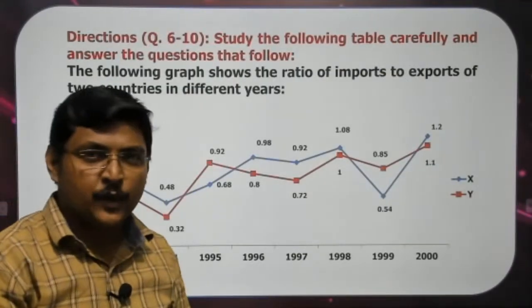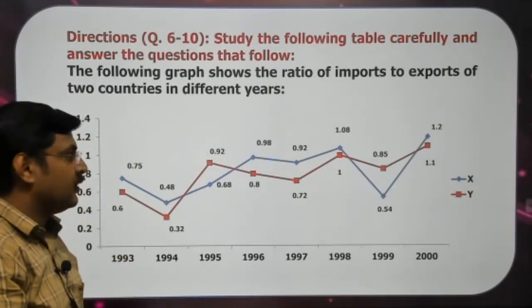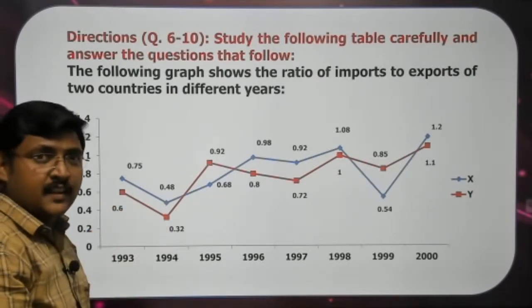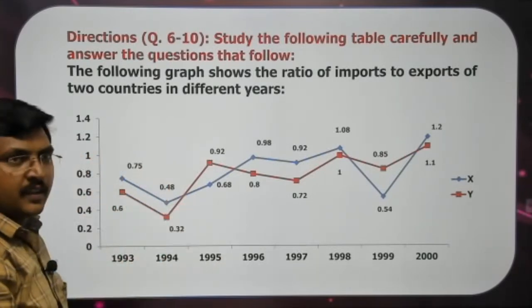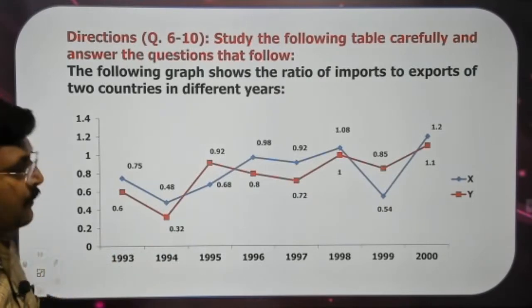So an import to export ratio graph is given. Based on this, 5 questions are asked. So just go through the given graph, what all ideas are given, just try to understand that.